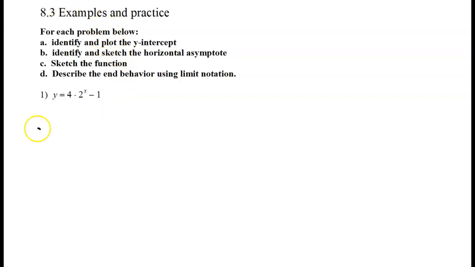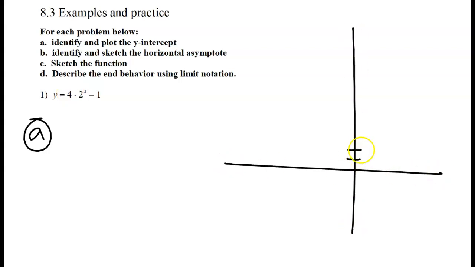For part A, we're being asked to identify and plot the y-intercept. Now that's the number in front. A lot of times I use parentheses here, but you don't have to. Instead, they're just putting a dot there, which means the same thing. It just means multiplication. So in this case, my y-intercept is 4. Okay, so let's go ahead and start there. I'm going to plot my y-intercept at 4.